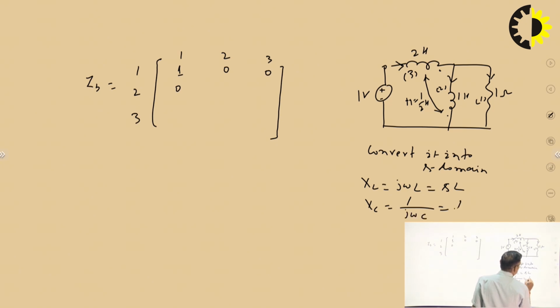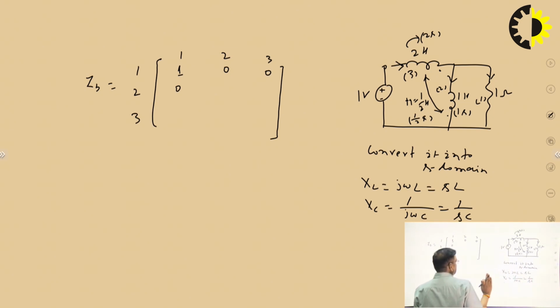If the frequency is not given, it is better to convert the circuit into the S domain, because we have Henry and ohm. So the impedance of 2 Henry is 2S, 1 Henry is 1S, and half Henry is half S.